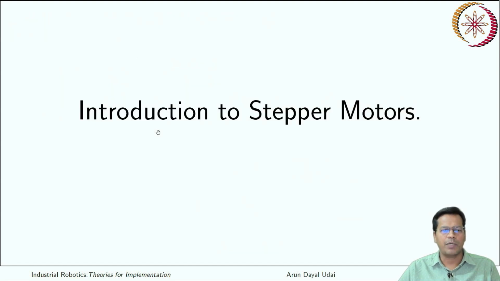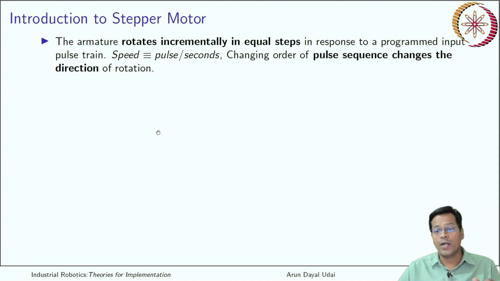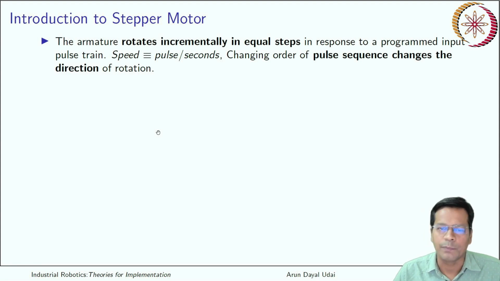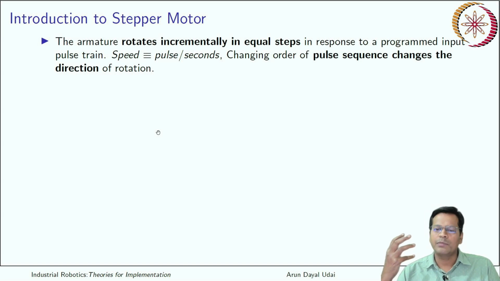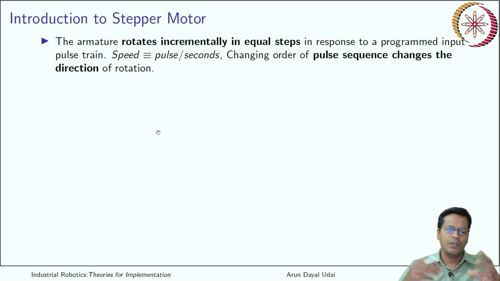So starting with the stepper motor now. What exactly is a stepper motor? Stepper motors are small DC motors. Normally they were small; nowadays it is not that small though. You must have seen your digital watches. What you have seen is that every second it moves by just one tick, a small fraction of a 360-degree angle.